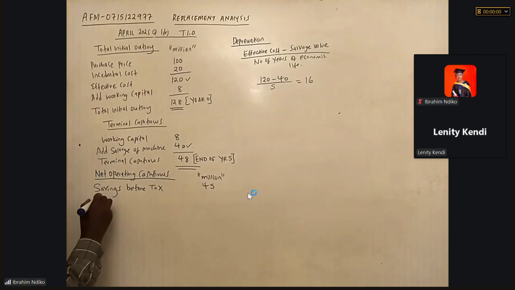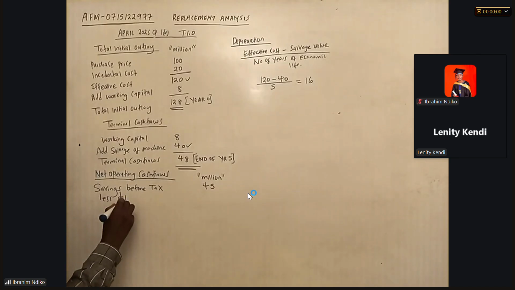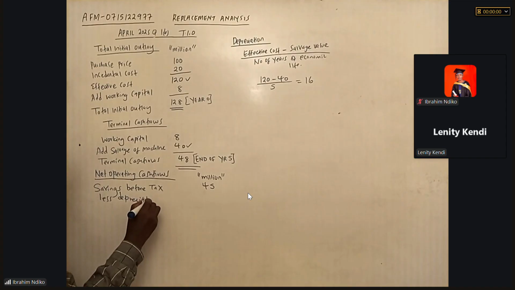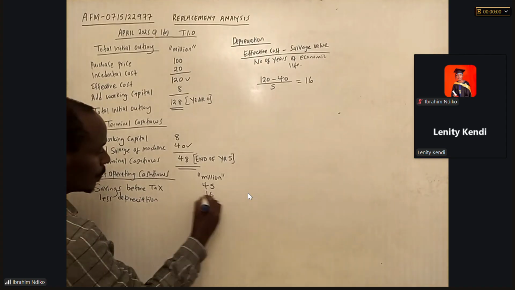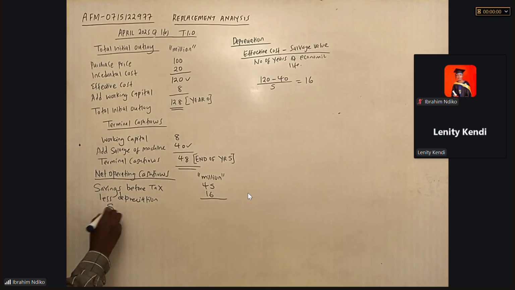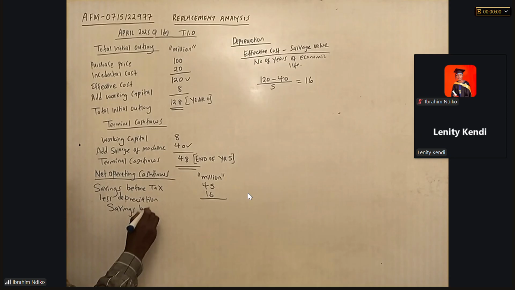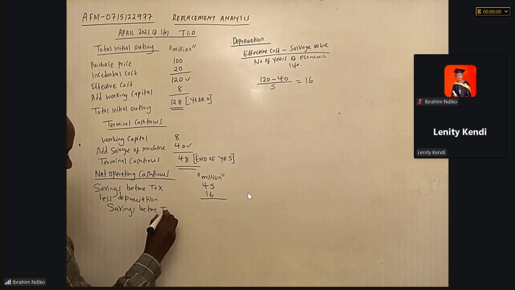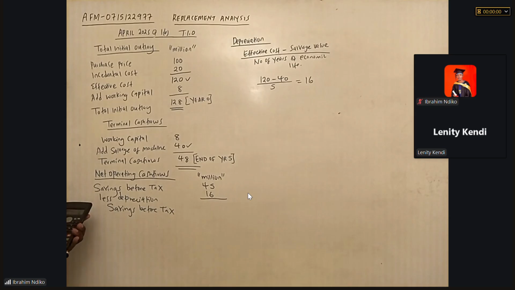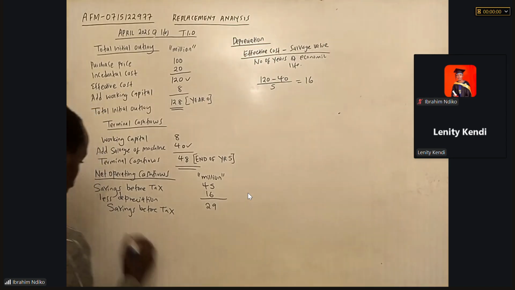So we less depreciation of 16. Then we shall get the savings before tax also. So 45 minus 16, 29. We less tax.